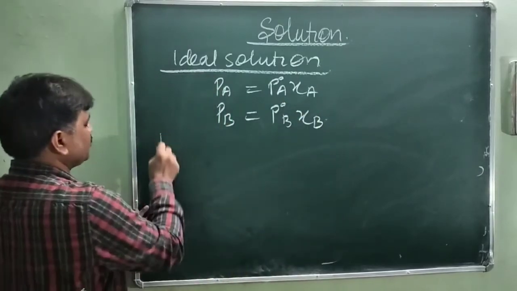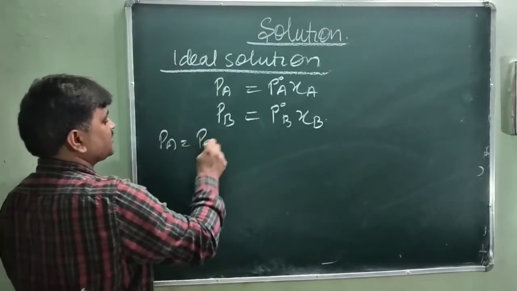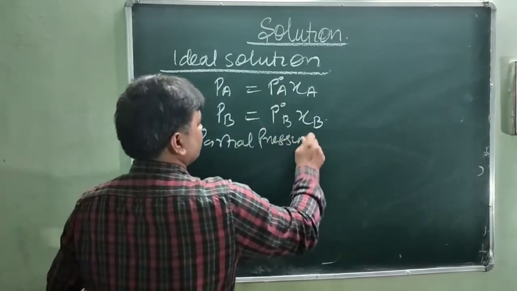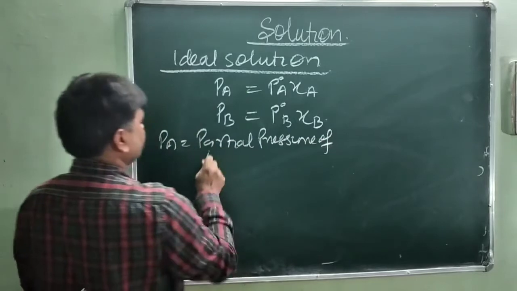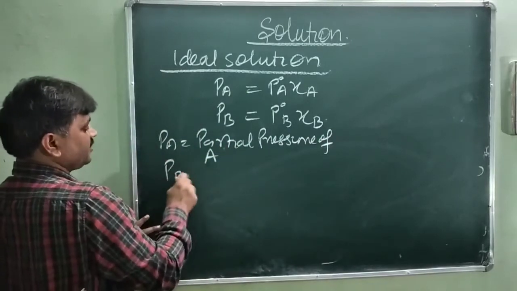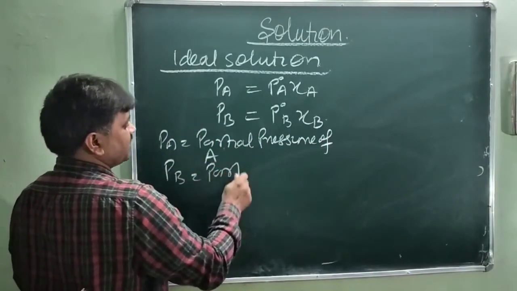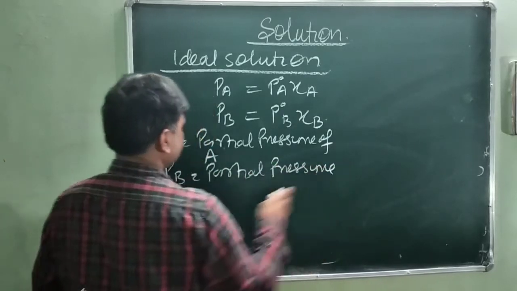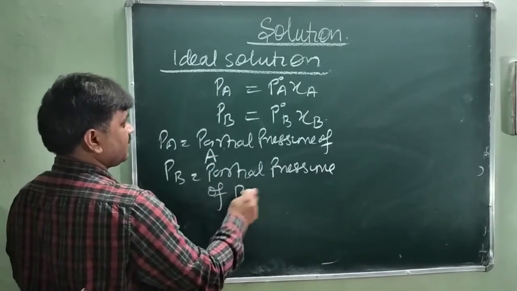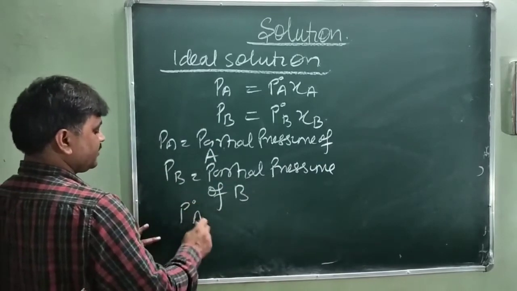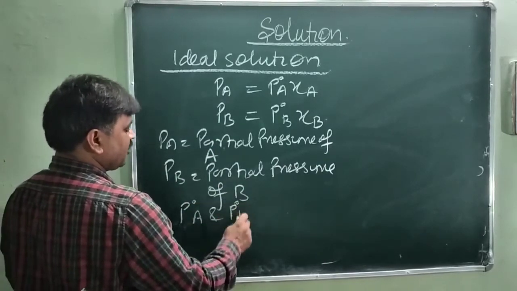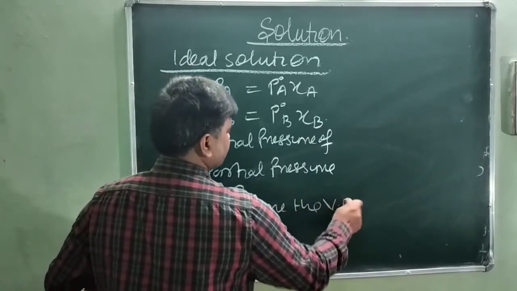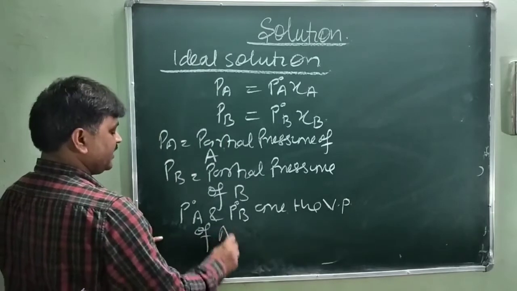Here PA is the partial pressure of A, PB is the partial pressure of B, and P naught A and P naught B are the vapor pressures of A and B.